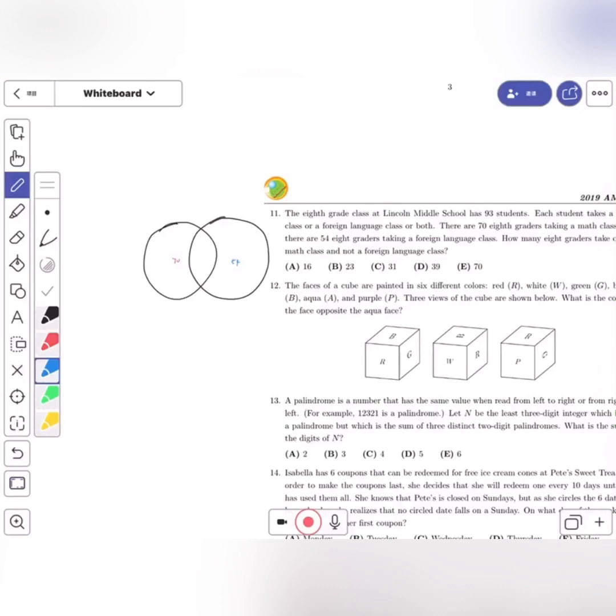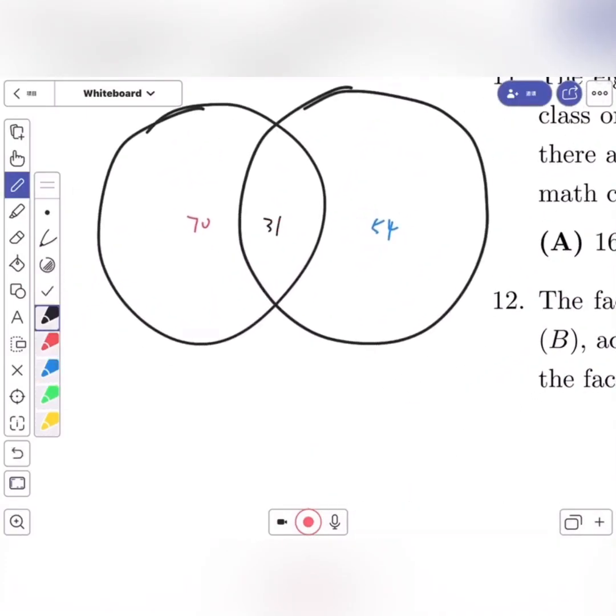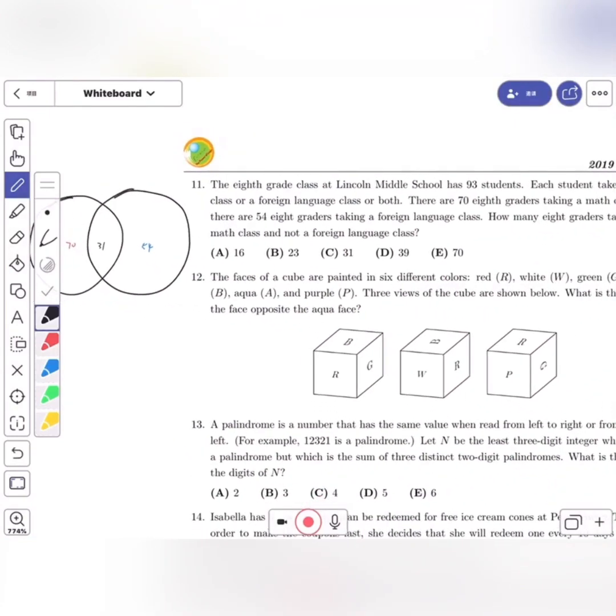And by inclusion-exclusion, we know that there are going to be 70 plus 54 minus 93 students that overlap by taking both math and foreign language, so 31. And this seems to be appearing in one of our answer choices, but are we done yet?